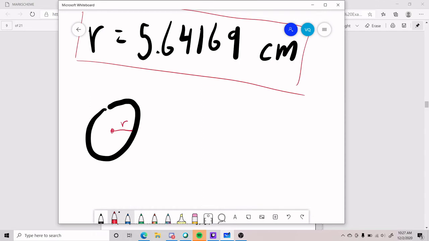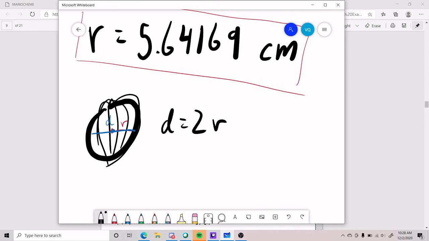However, if you do the whole line, the whole way across, that's the diameter. Imagine this is a 3D sphere, you've got to go all the way. So diameter is the same as 2r, because it goes both ways once.